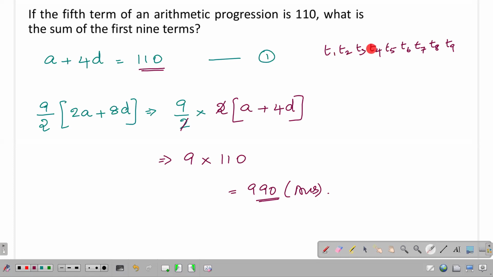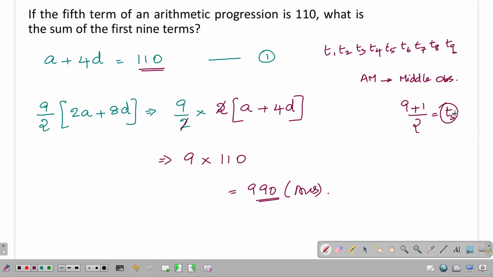If these 9 terms are in arithmetic progression, then please note that the arithmetic mean is nothing but the middle term, the middle observation. Here, as you have 9 terms, 9 plus 1 upon 2, that is the fifth term, is going to be the arithmetic mean.